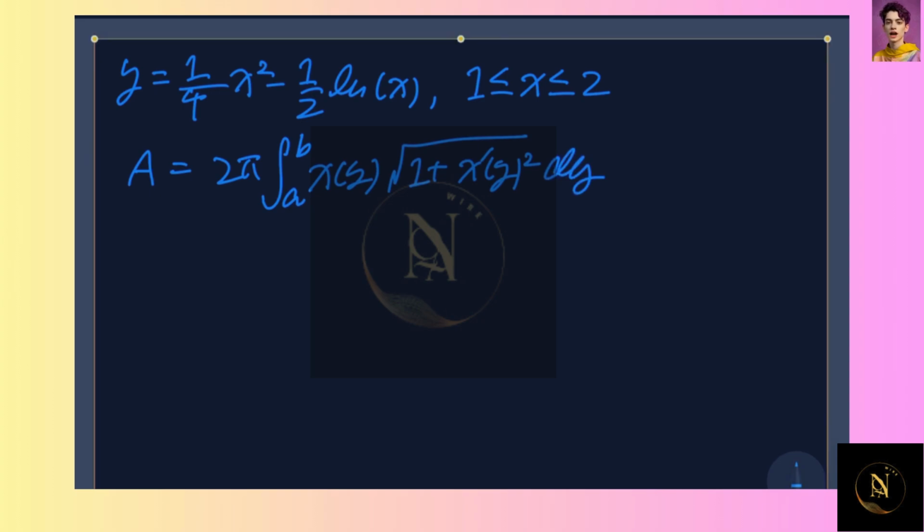So the first thing that we want to do, because this function cannot let us find the expression of x explicitly in terms of y, is find an approach that doesn't involve finding x in terms of y explicitly.